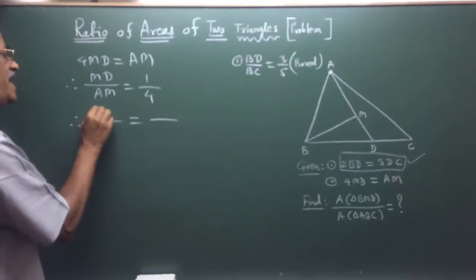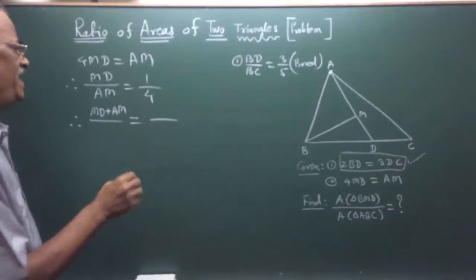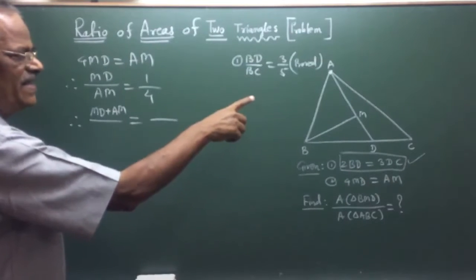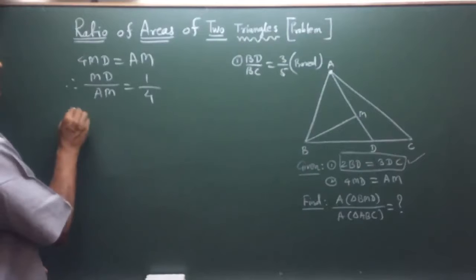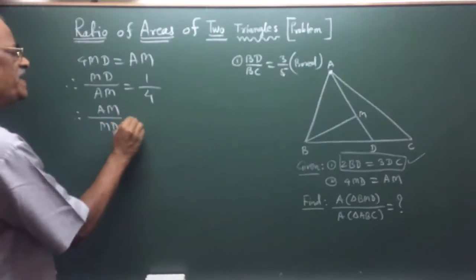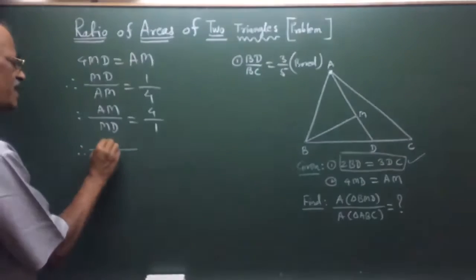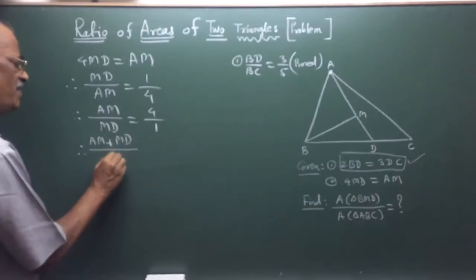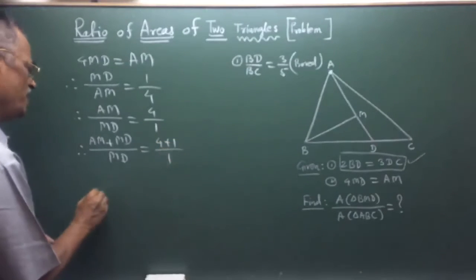Let us see MD plus AM. It will be AD, but it is not useful there. First, invertendo: AM upon MD is equal to 4 upon 1. Now let us apply componendo: AM plus MD upon MD is equal to 4 plus 1 upon 1.